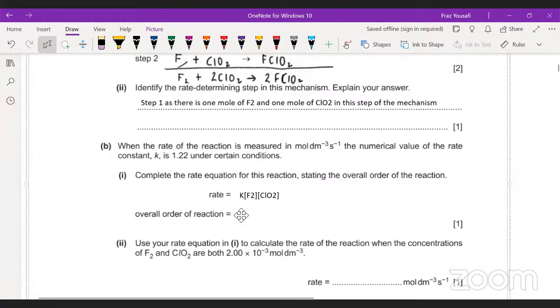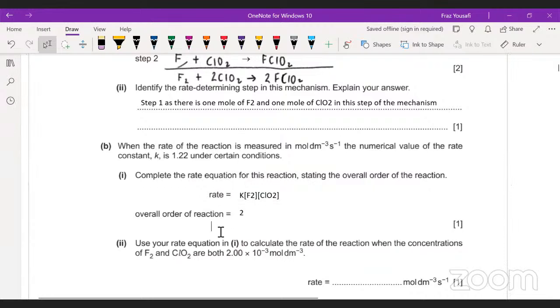And if you look at it carefully, there's 1 mole of F2, so first order for fluorine, first order for ClO2. You would have 2 as the overall order of reaction. All right? That's the understanding that we want. Now, it is also imperative that you remember one other thing.